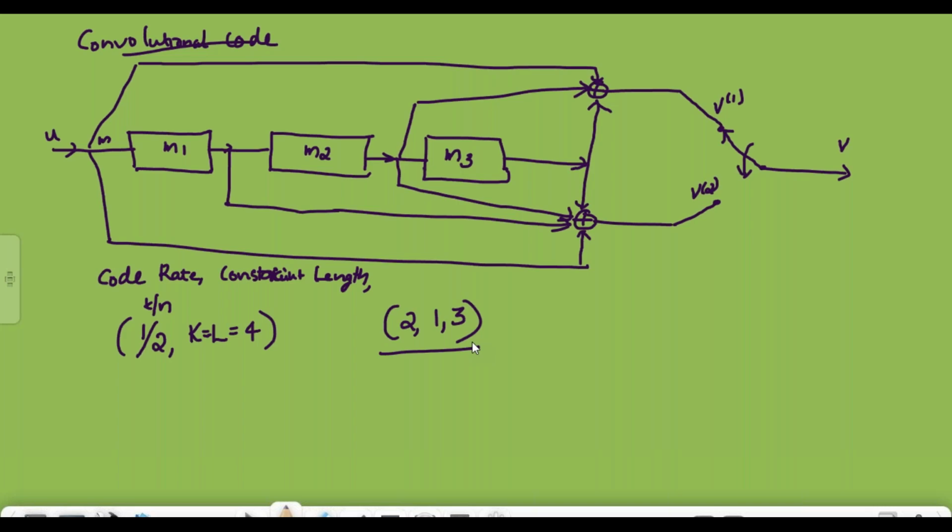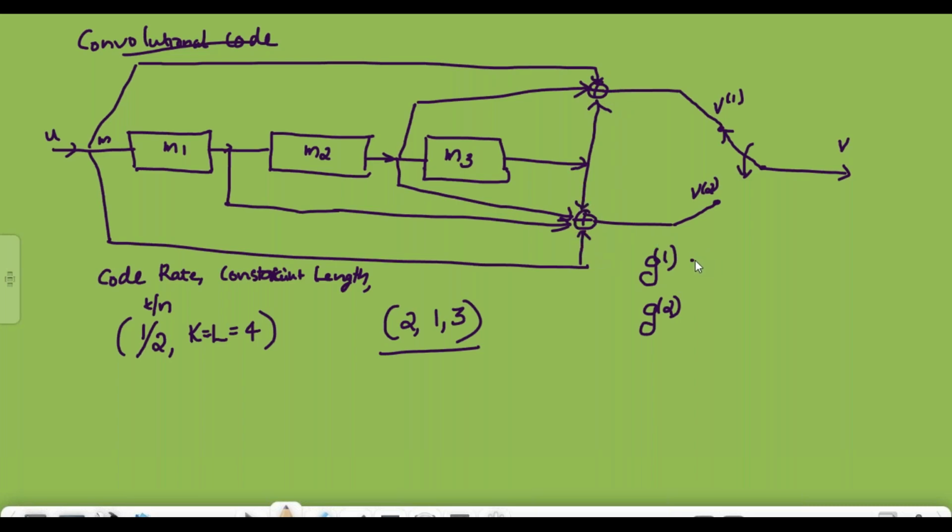We can represent it with generator sequences G1 and G2. G1 and G2 are the generator sequences representing these two adder elements, one here and one here.